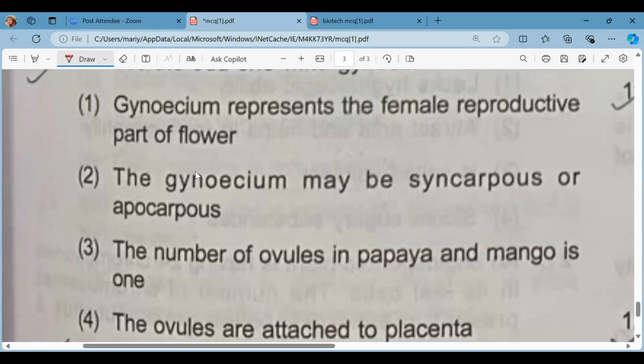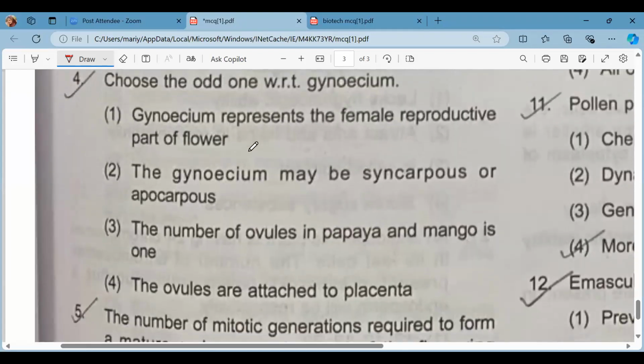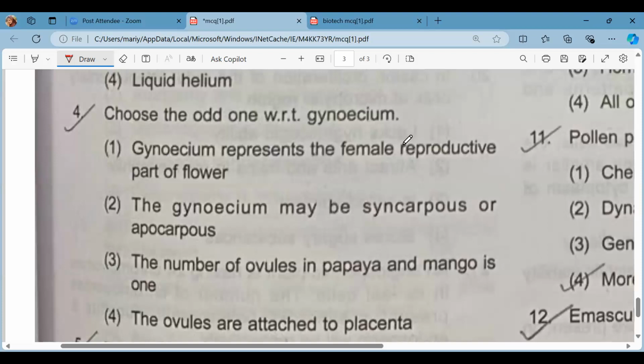Now see this. Choose the odd one out with respect to gynoecium. WRT means with respect to. So which one is the odd one out that you have to find? Number 3. Why?